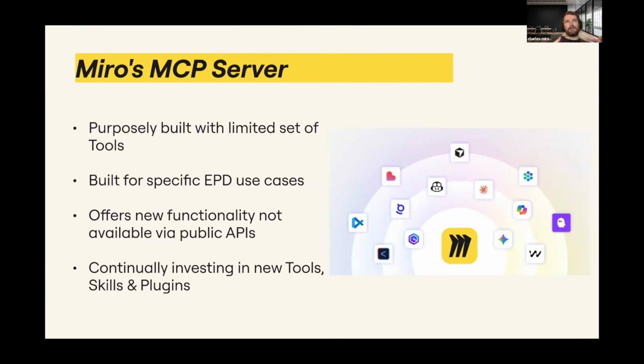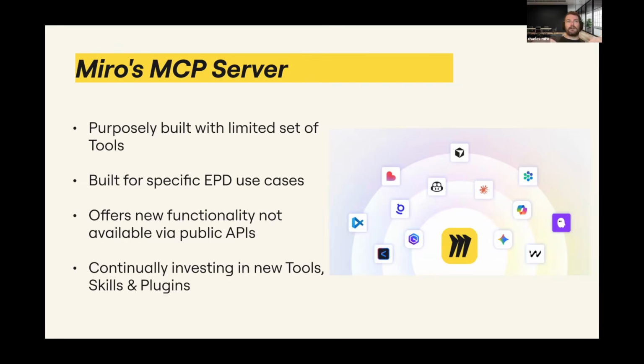So we wanted to be very specific with what use cases our MCP server would actually solve for. And we focus very much on the engineering and product design use cases. So like the vibe coding side of things, the delivery of code, the explanation of code, these types of use cases where we're seeing a lot of opportunity with AI to cut down on time and manual effort that's being spent, and making sure that people are getting the right context.